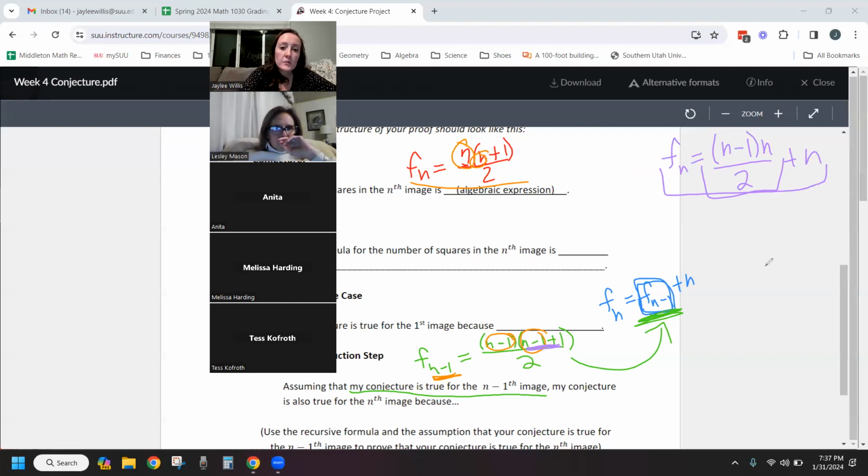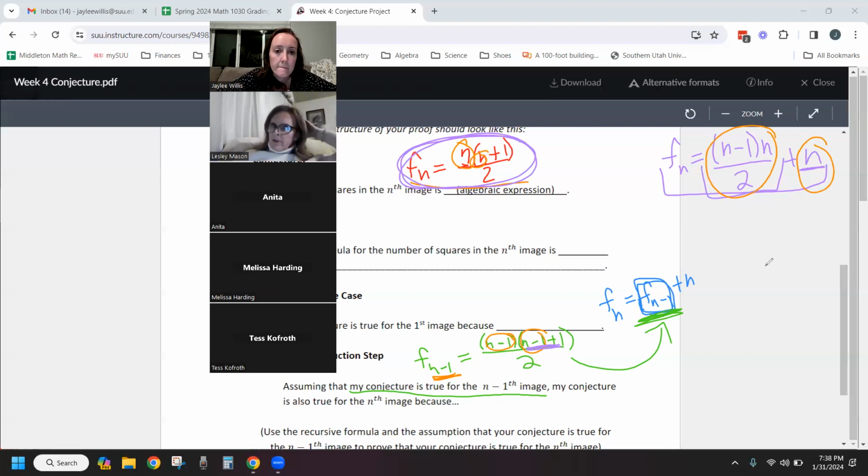And now what we need to do is prove that that is equal to this. So to do that, notice that we have this plus n, and essentially this is like adding fractions because you have this fraction plus this fraction. So what do you need in order to add fractions?